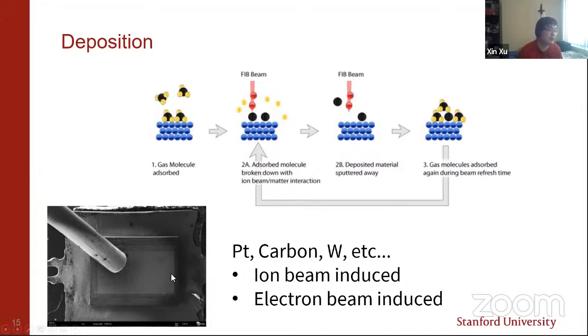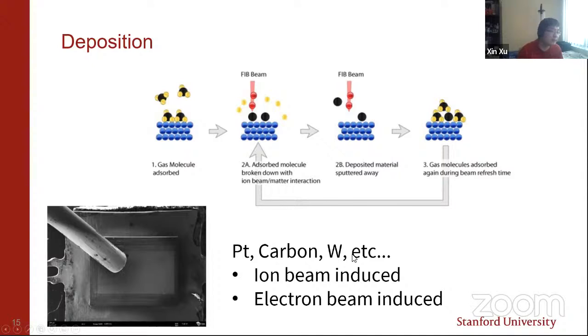So the key is to continuously flow the gas. Right now, the FIB has pretty good control of the gas flow, and this is not a big problem. In the FIB on campus, we can deposit platinum, carbon, and tungsten.